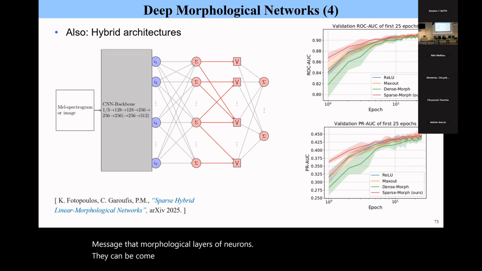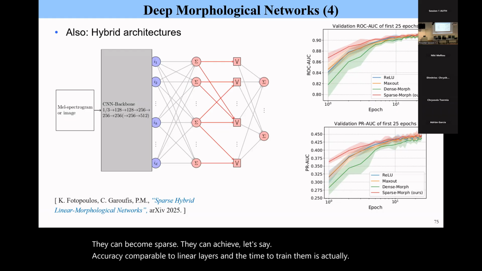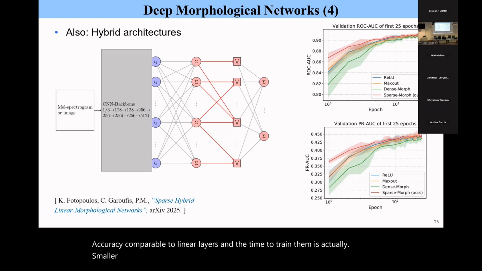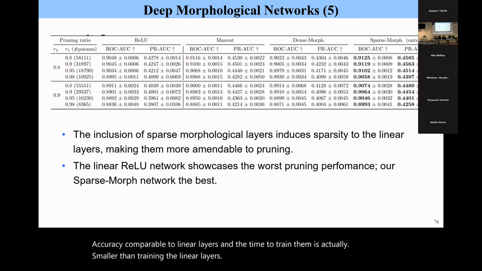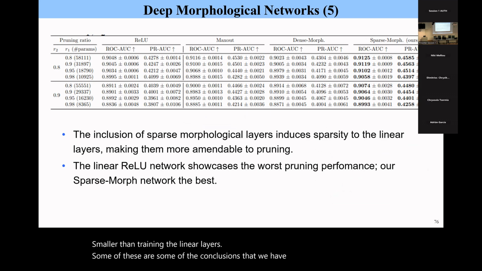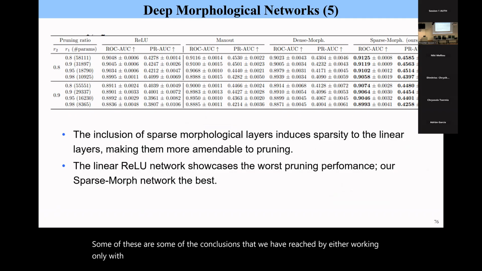They can achieve, let's say, accuracy comparable to linear layers, and the time to train them is actually smaller than training the linear layers. These are some of the conclusions that we have reached by either working only with morphological layers or in a hybrid way, linear combined with morphological layers.